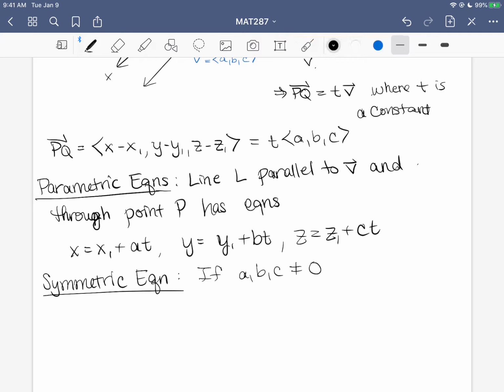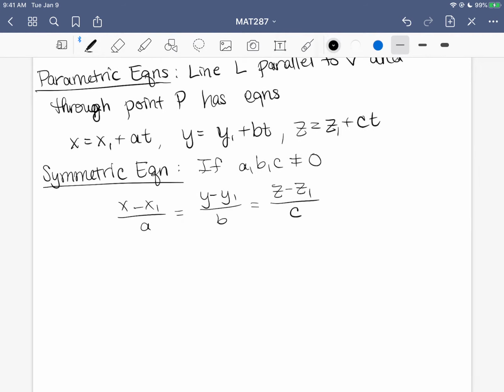And that's exactly what we do to get our symmetric equations. So I get x minus x1 divided by A equals y minus y1 divided by B equals z minus z1 divided by C. Okay. All right, so let's look at some examples.